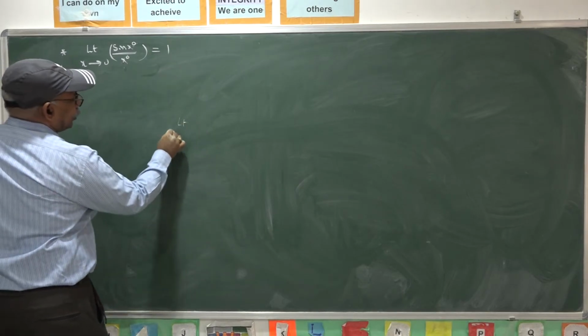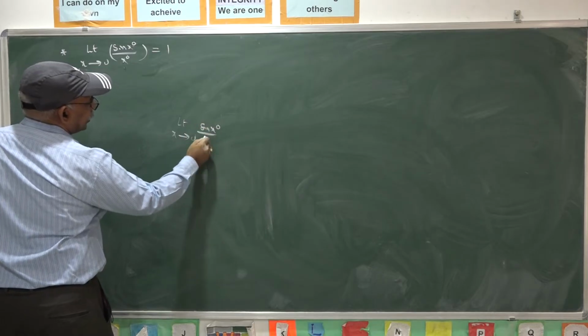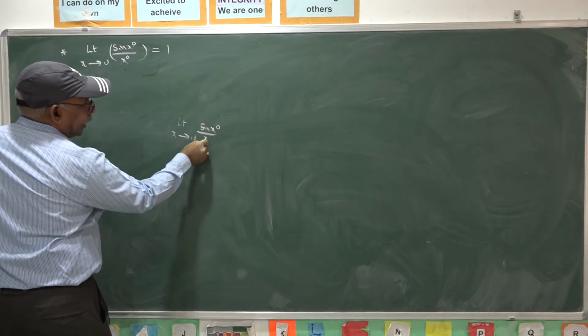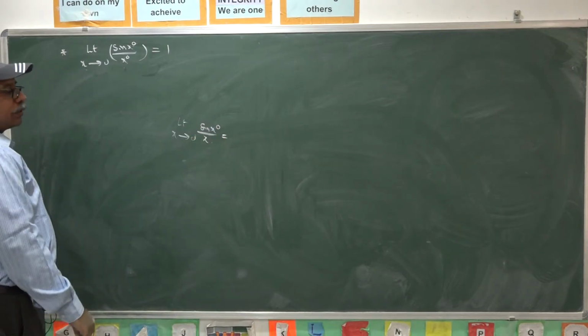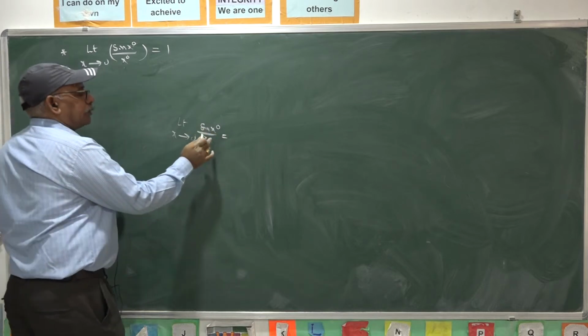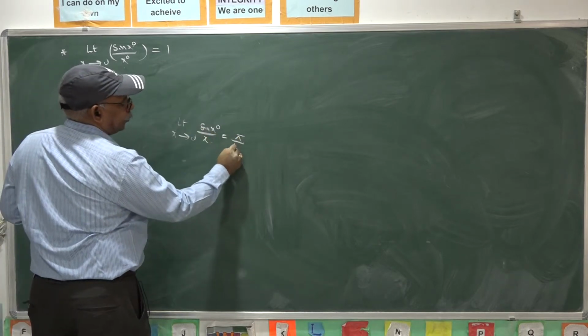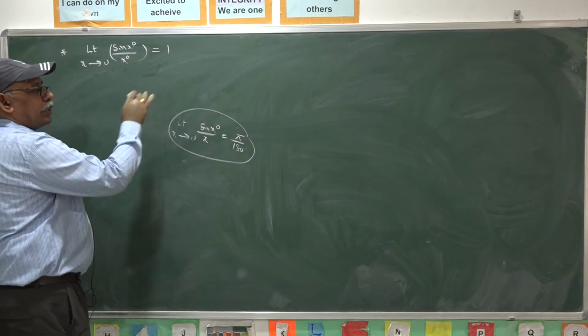Whereas limit x goes to 0, sin x degrees by x, where x is measured in radians in the denominator and in degrees in the numerator, then you get pi by 180. You observe the difference between these two formulae.